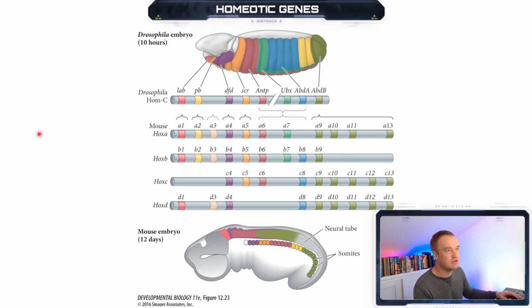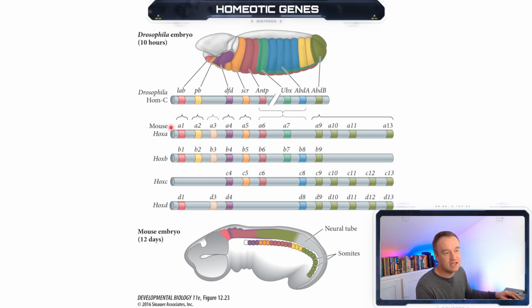But now let's talk about relating these to not Drosophila, because I try to focus mostly on vertebrates, mammals, humans, because I know most of you watching are pre-med or pre-health, but sometimes the models help drive home the point, right? So as you can see here, this is our HOMC group that we just talked about, this conserved region.